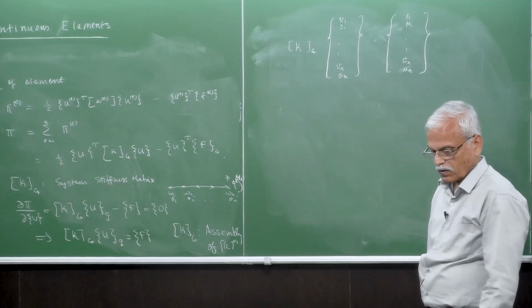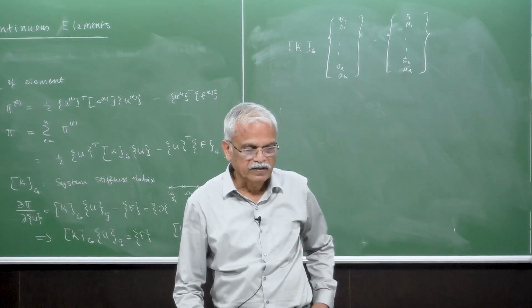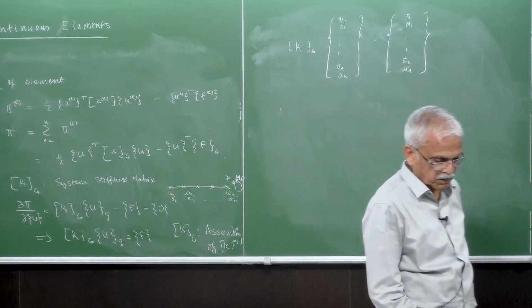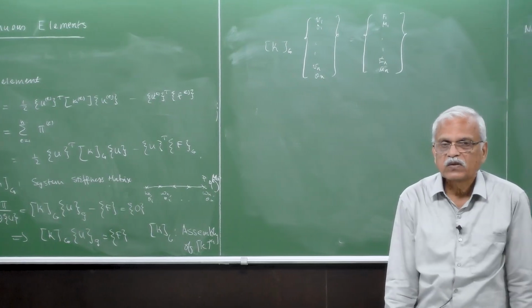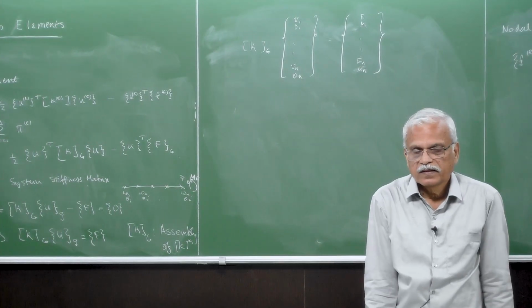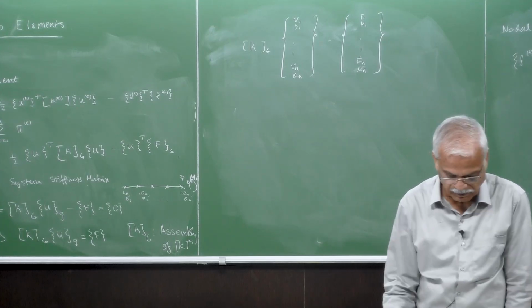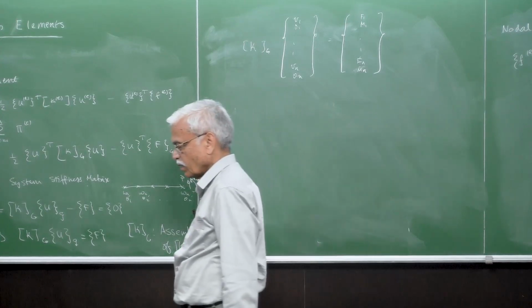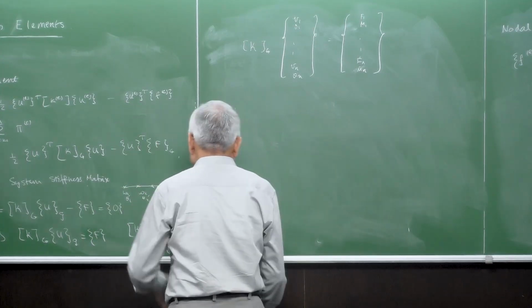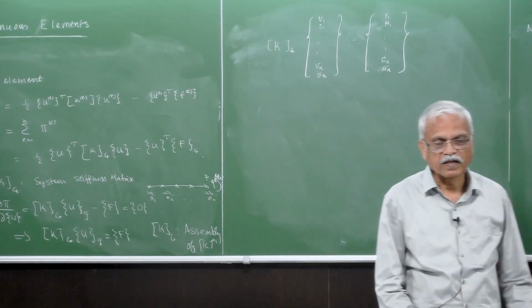Okay. So this is the importance of these C1 continuous elements, where we require the C1 continuity, and that is ensured by taking the deflection as well as the slope as the nodal degrees of freedom. Okay, so this comes to the discussion of both C0 and C1 continuous types of element.